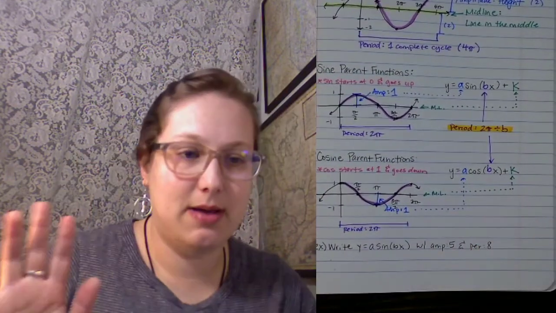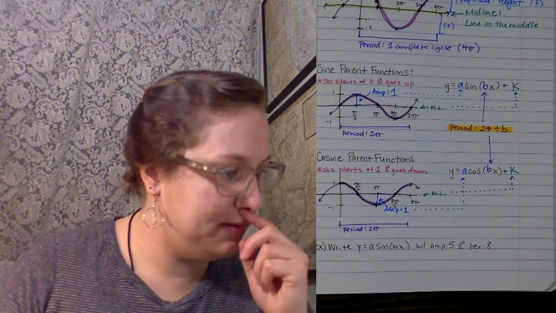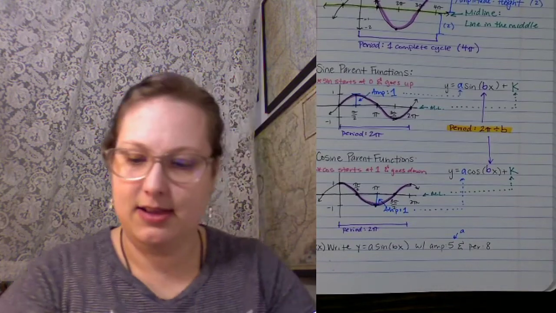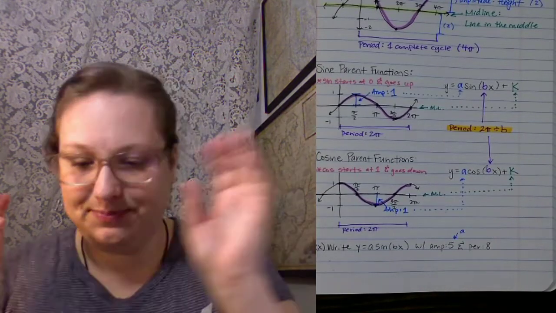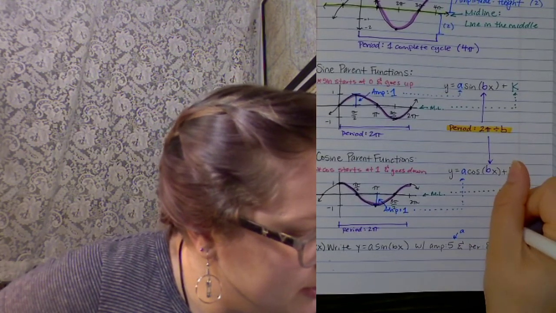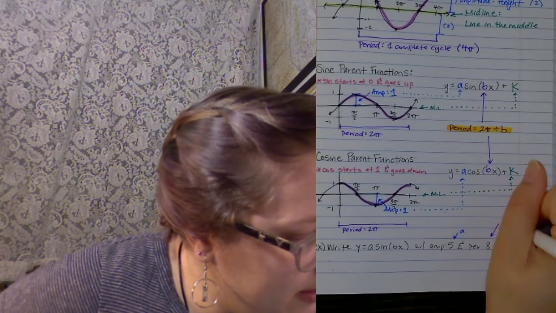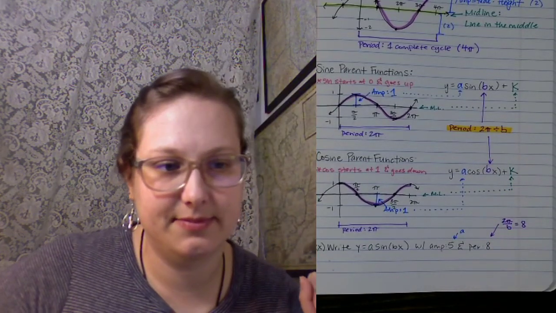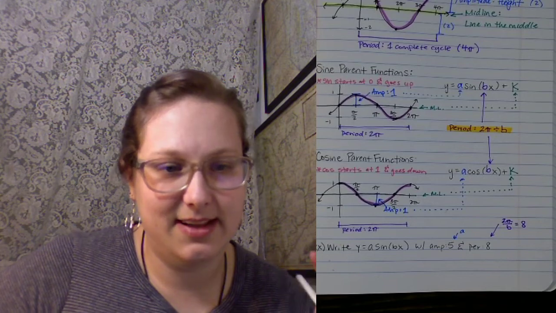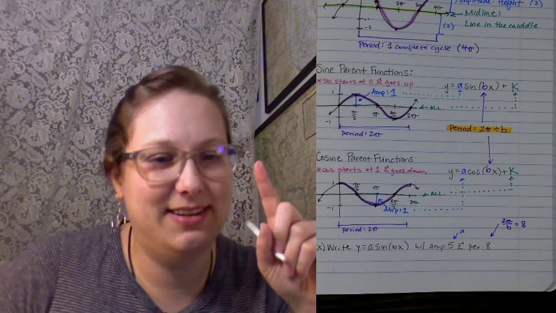So the only math I have to do, because it tells me my a value, and then I only have to do a little bit of math in purple. I'm going to do 2 pi over b equals 8. If I multiply by b and divide by 8, I get 2 pi over 8 equals b.